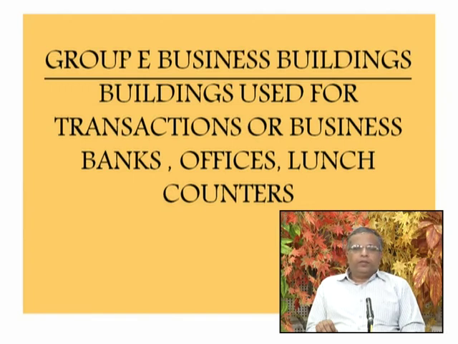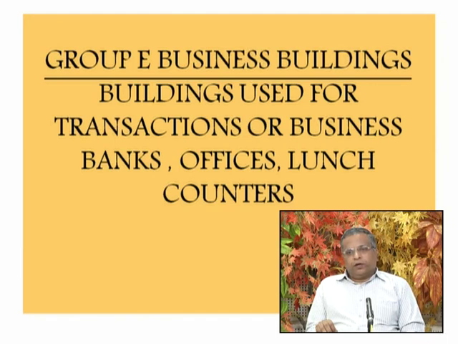This type of building comes under the category of a business building. It also includes the lunch counters. So different banks and different offices come under this category of Group E, that is the business building.